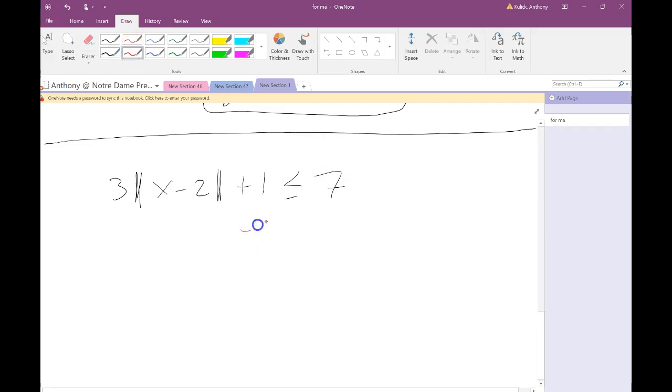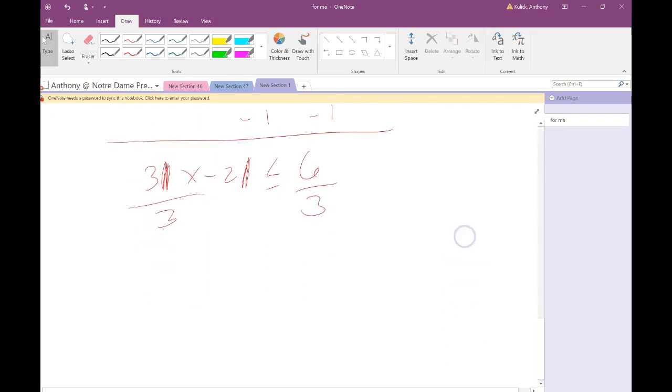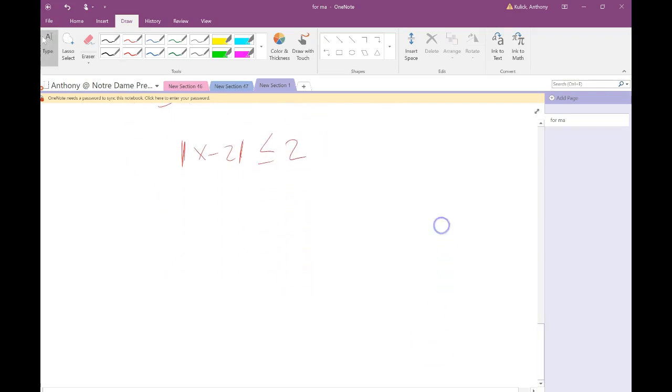Okay? So to solve this, we'll just start using our usual solving algorithm and subtract 1 from both sides, and then divide both sides by 3. And now, since our absolute value is less than or equal to a positive value, we can split these.